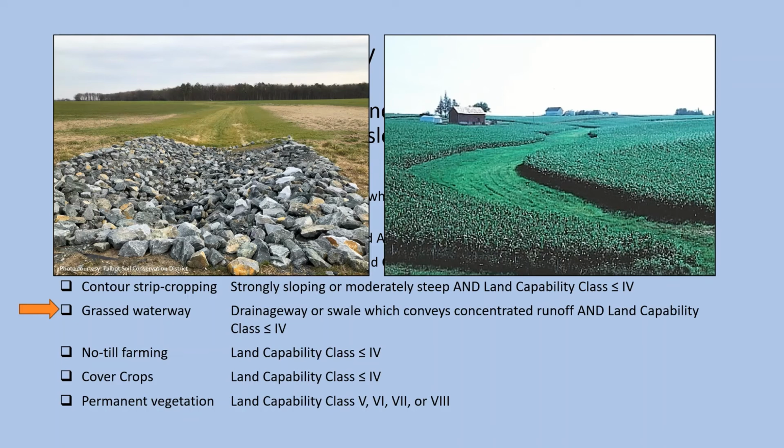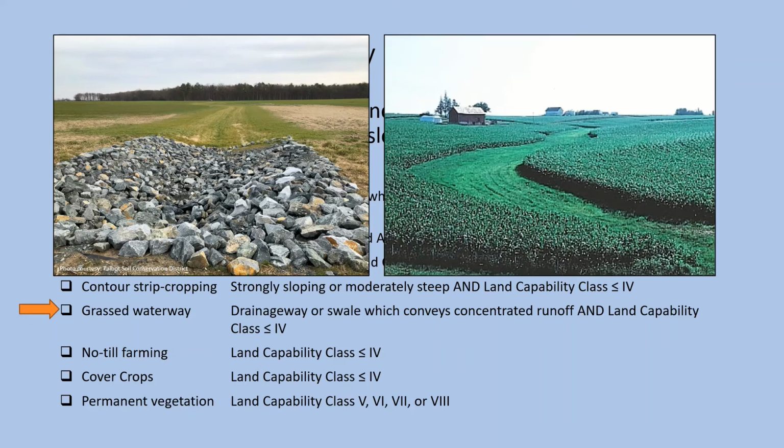Grassed waterways are used in drainage ways or swales where water flow is concentrated. Basically the grassed waterway is an area that's permanently vegetated. By having that permanent vegetation there, it helps to slow down the water that's moving through it. So it helps limit soil erosion because by slowing down the water, it can't carry the soil with it.